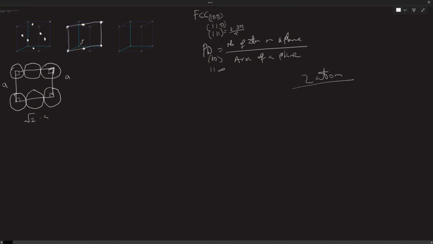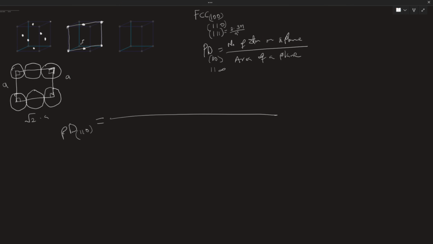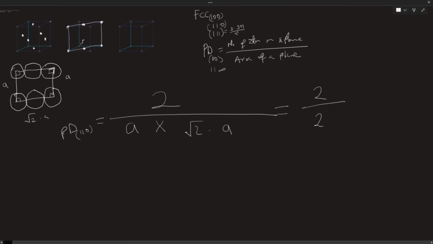Now we look for the area, which is length times breadth. Planar density for 110 is equal to number of atoms, which is 2, over length times breadth. We have a times our root 2 dot a, so 2 over root 2 a square. So multiply both sides by root 2 over root 2.